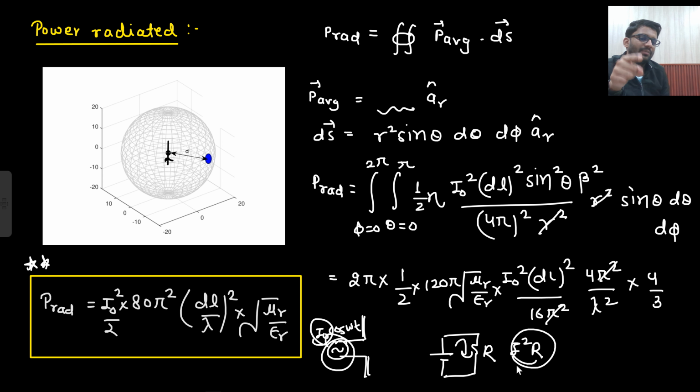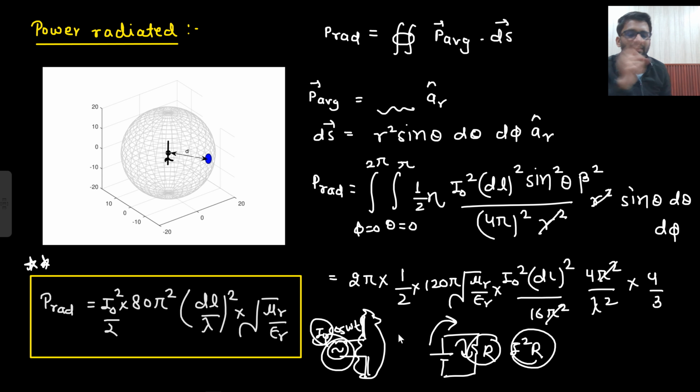I naught square R is the power dissipated across this resistor. That means that power should be coming from this battery, right? So here also, if your antenna is radiating some power, that would be coming from the battery.